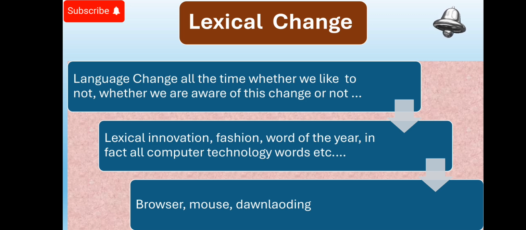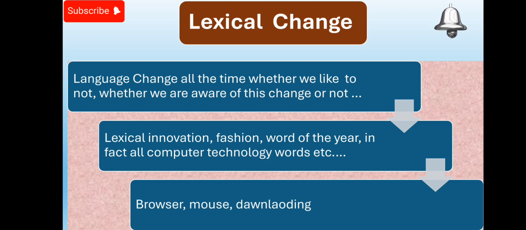Fine? So language changes all the time, whether we like it or not. It's not on our whims or desire that if you want, language will change, and if you don't want, language won't change. No. If there is a language, ultimately it will change.